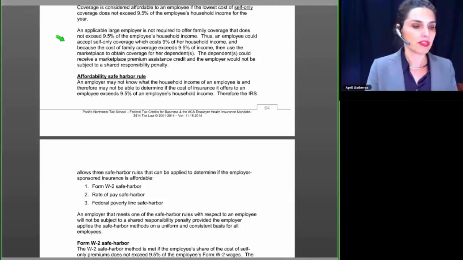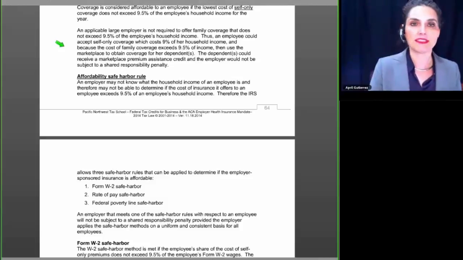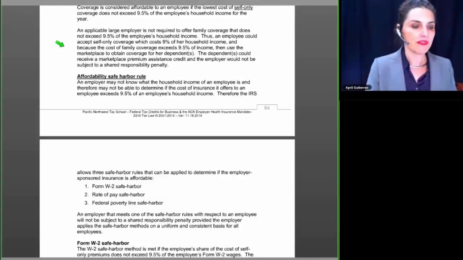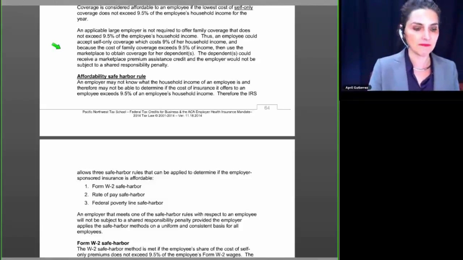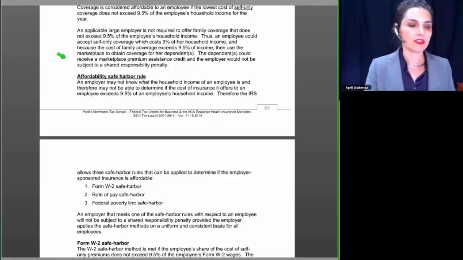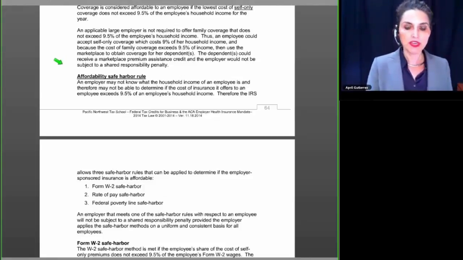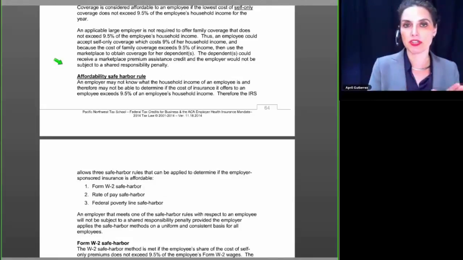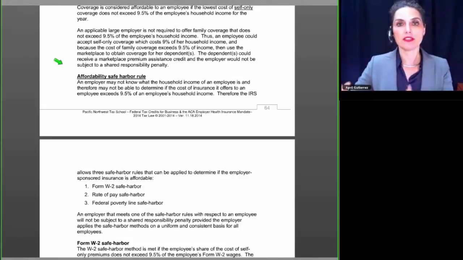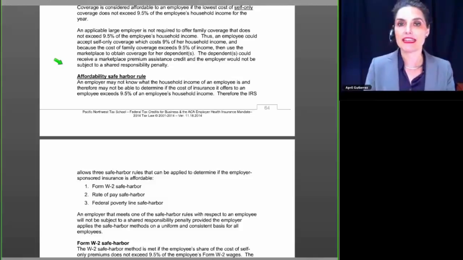Thus, if an employee could accept self-only coverage but costs 9% of her household income, and because of the cost of family coverage exceeds 9.5% of her income, then chooses to use the marketplace to obtain coverage for her dependents, well, the dependents could receive a marketplace premium assistance credit, and the employer would not be subject to a shared responsibility penalty.